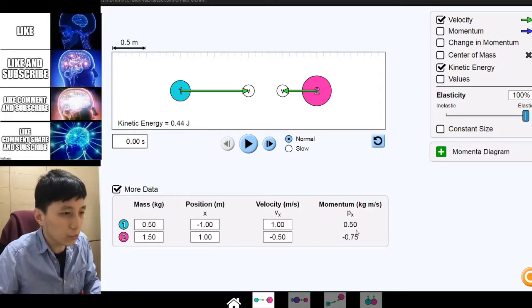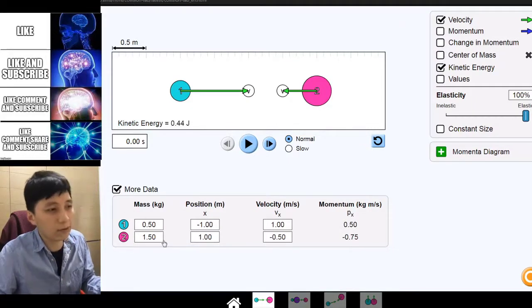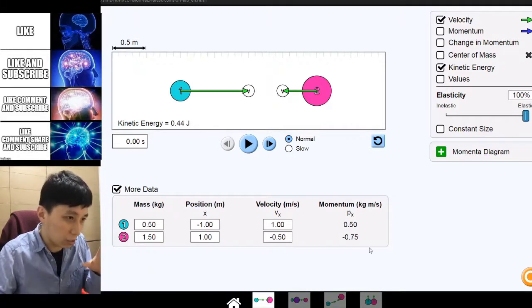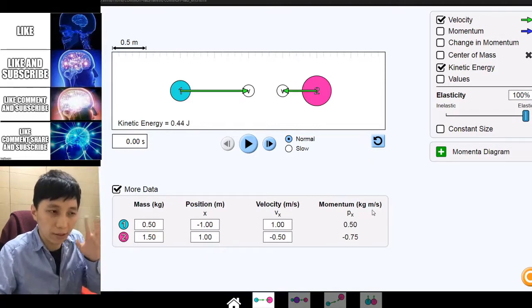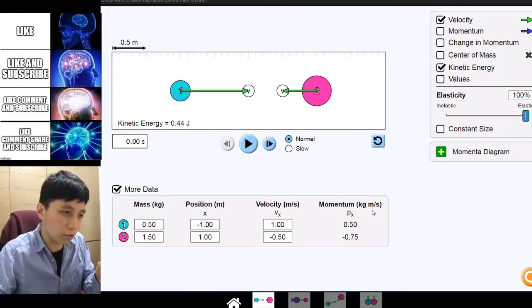As for momentum, you can see object 1 is 0.5, object 2 is negative 0.75, which is simply calculated by mass times velocity. So you can see the total is negative 0.25. Remember that this is the momentum before the collision, and we are going to check whether or not the momentum after is still negative 0.25, and KE is still the same.